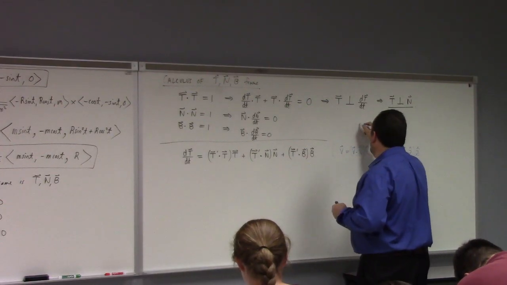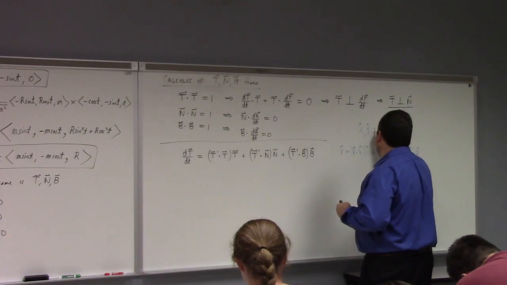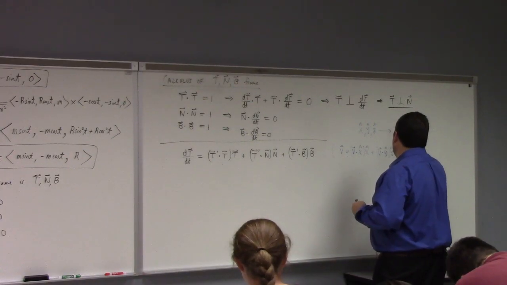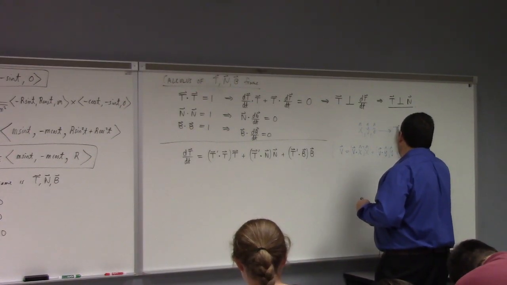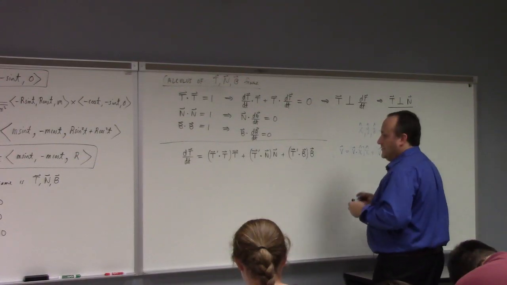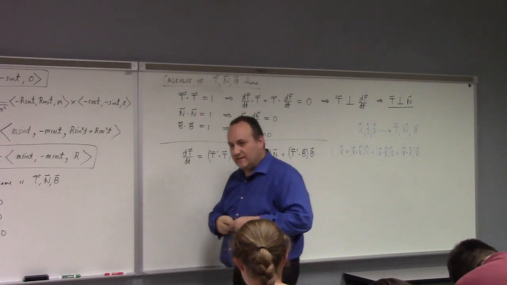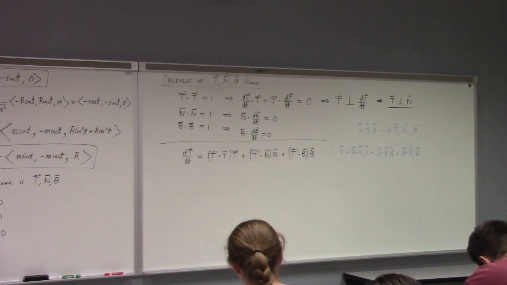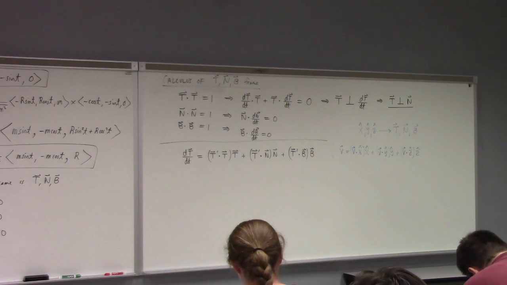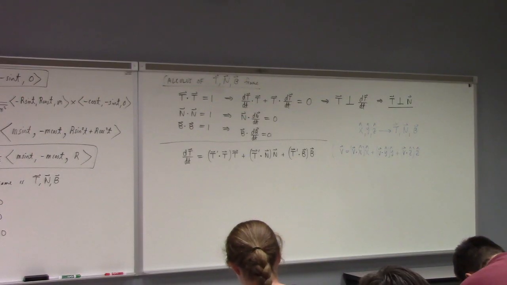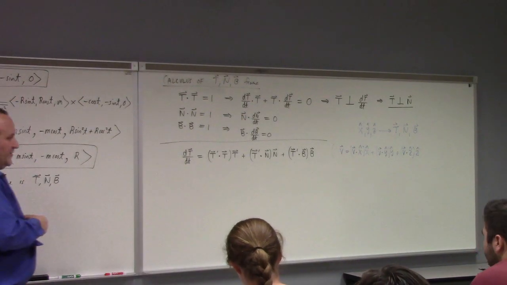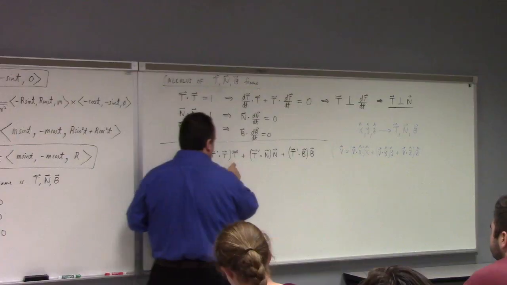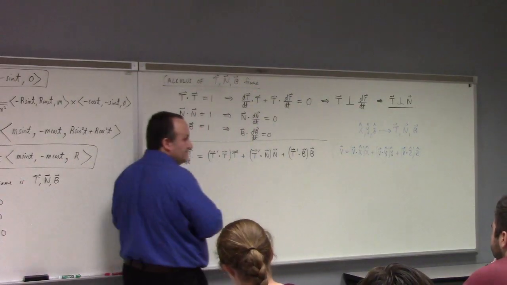So think of x hat, y hat, and z hat being replaced by t, n, and b, because those are unit vectors in the right-handed sense. So everything I know about how to break a vector into pieces for x hat, y hat, z hat also works for t, n, and b. If I want to study the change in the tangent vector, I can break it up into three pieces: the tangential piece, the normal piece, the binormal piece.